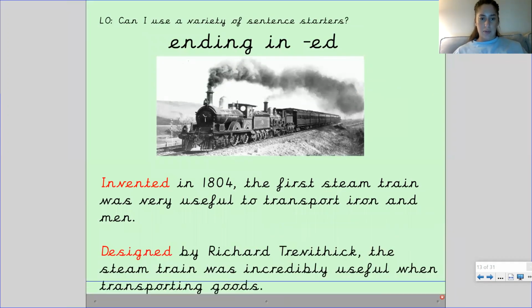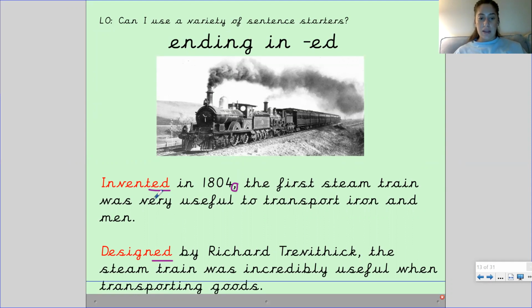Here are some examples. For example, invented in 1804, comma, because it's also telling us when something is happening, but it started with the ed word. Invented in 1804, the first steam train was very useful to transport iron and men. Designed by Richard Trevithick, the steam train was incredibly useful when transporting goods.